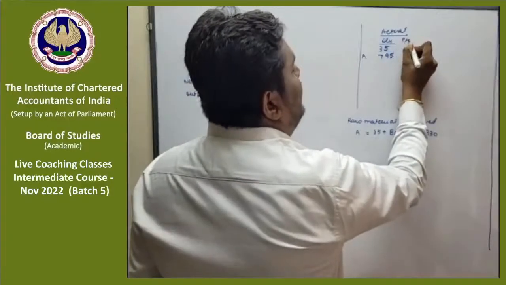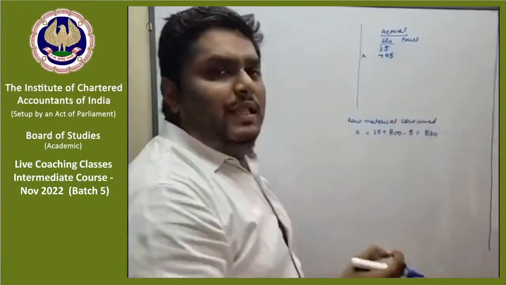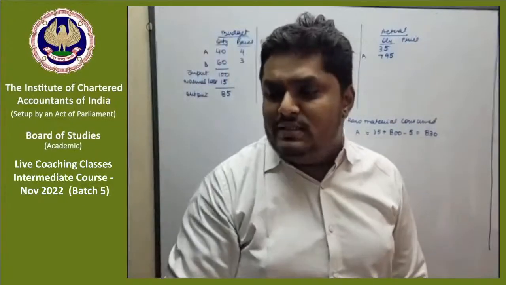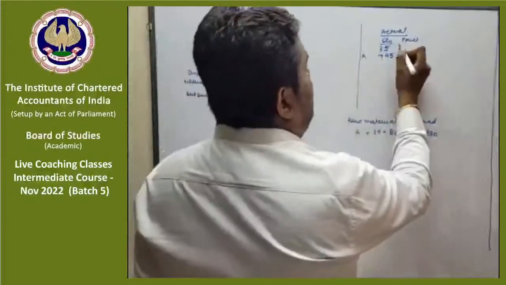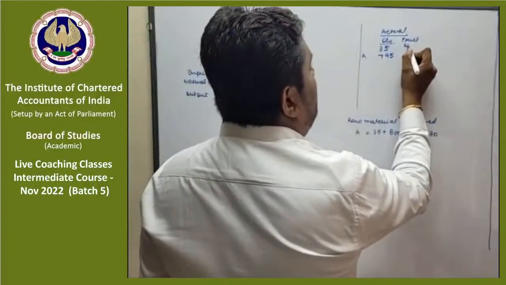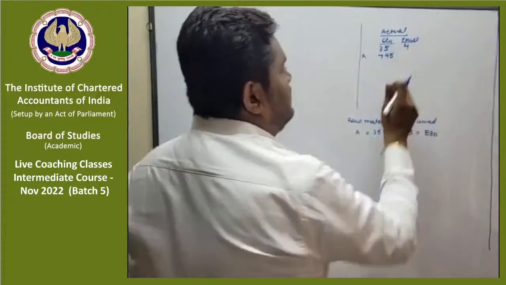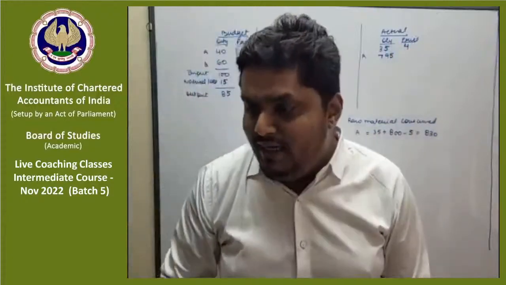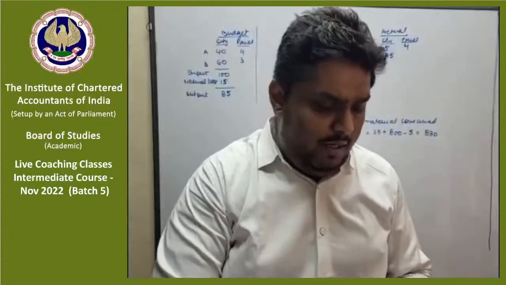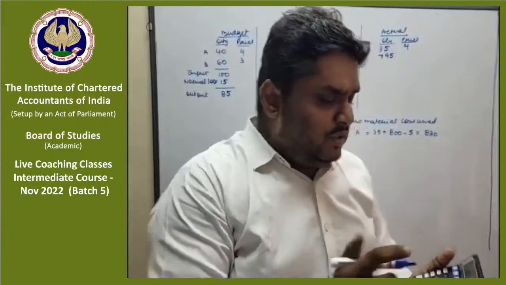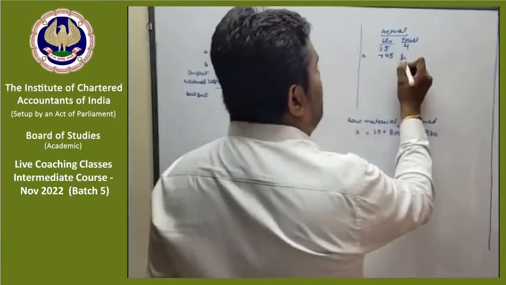When talking about the pricing part, it is given in the question that opening stock is at a standard price, and the standard price is given in the question, that is rupees 4 for 35 units. And for 795 units we have to calculate the price, that is 3400 divided by 800. So this is 4.25.